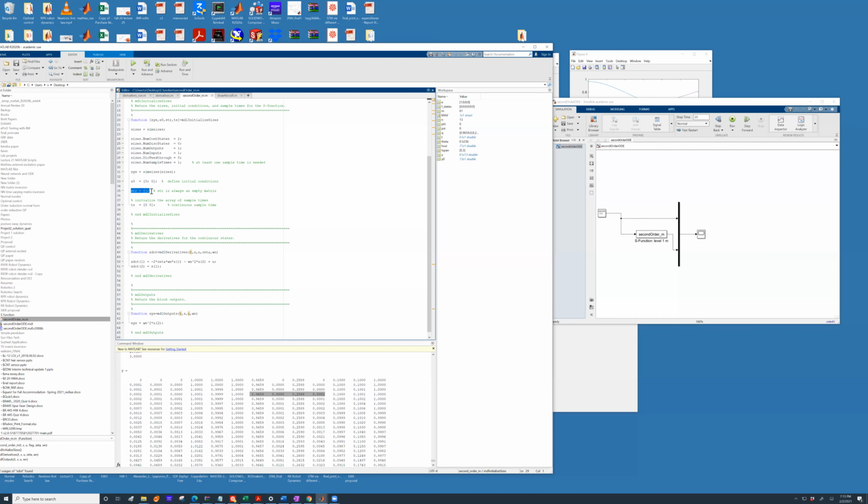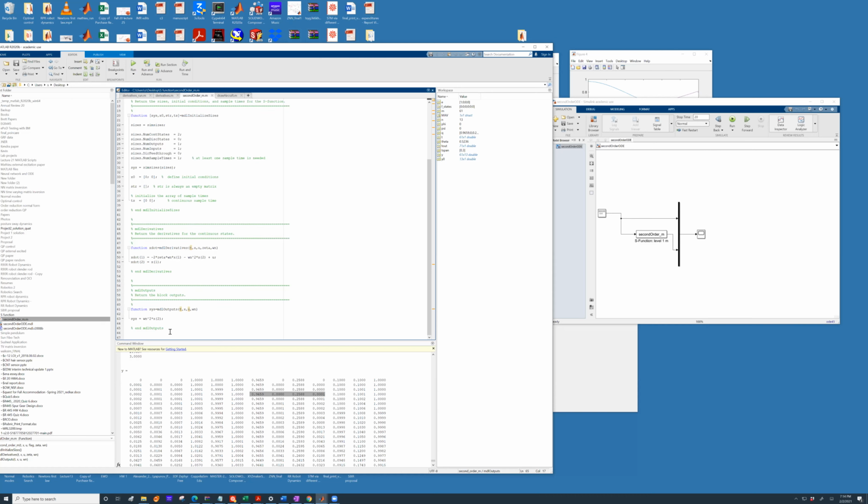Then str is always going to be an empty matrix, and you will supply the continuous time. This is the initialization function. Then you will actually have your derivative function. You can grab your derivatives.m and place it over here and make the appropriate changes from line 24 to line 29 to make it work.